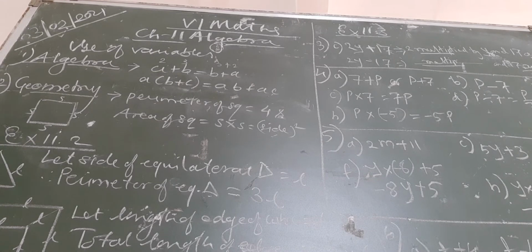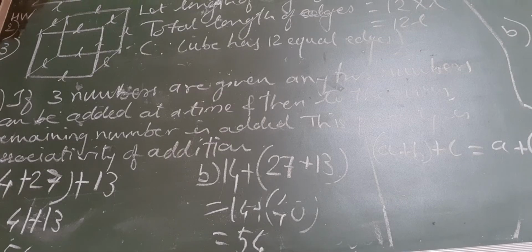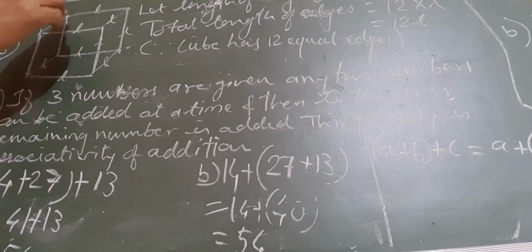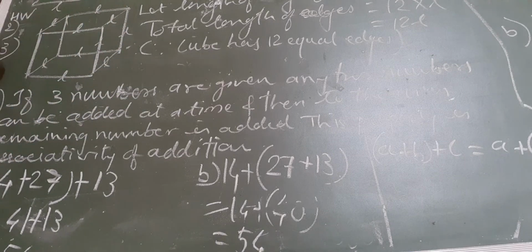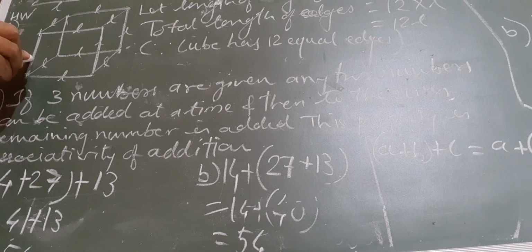Now in the third question, a cube of side L is given. A cube has 6 faces and all 6 faces are squares. The boundary of that square will be L, L, L, L. It is asked for the total length of its edges.